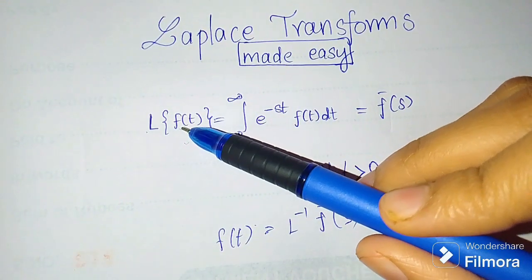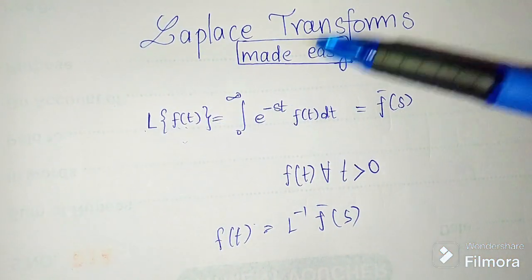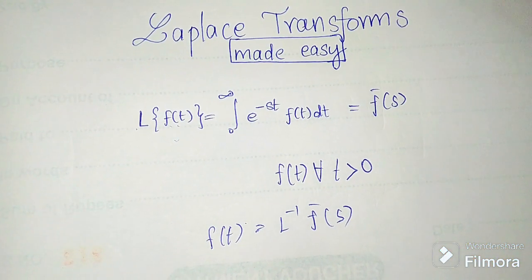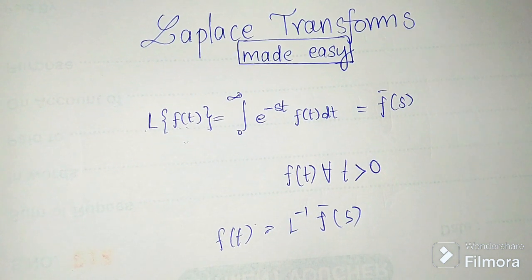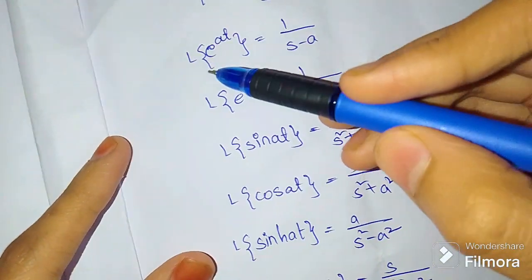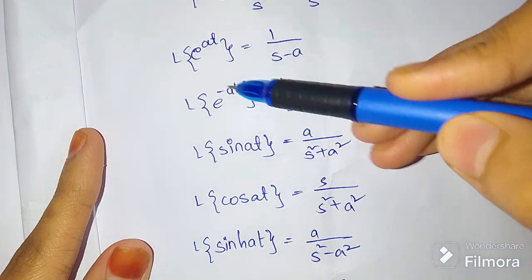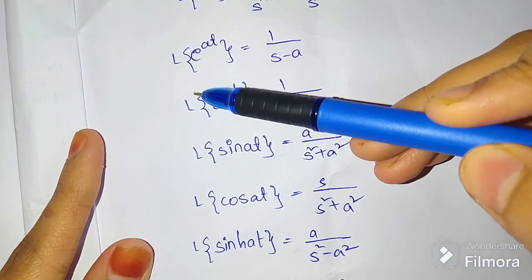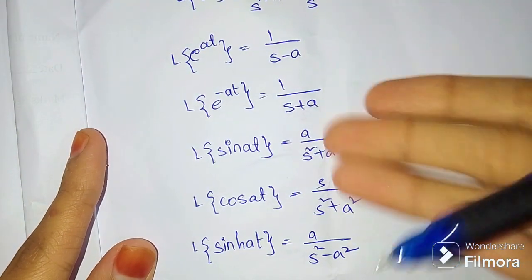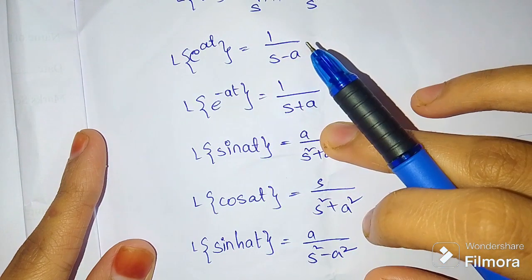We have f of t, so for the other function we took the denotation f bar. And why we took s here is, for every function containing t, when you apply Laplace, it gets converted to a function containing s. So f of t is converted to f bar of s.